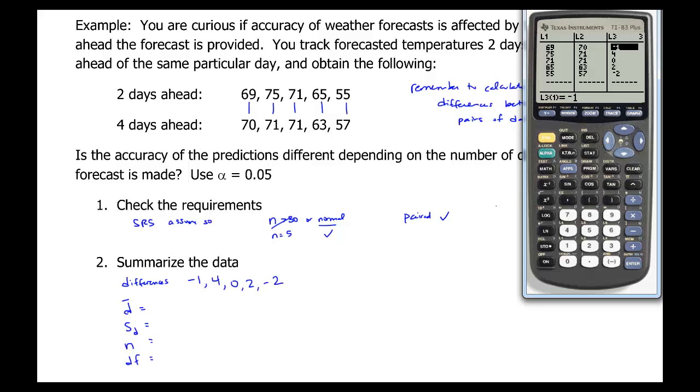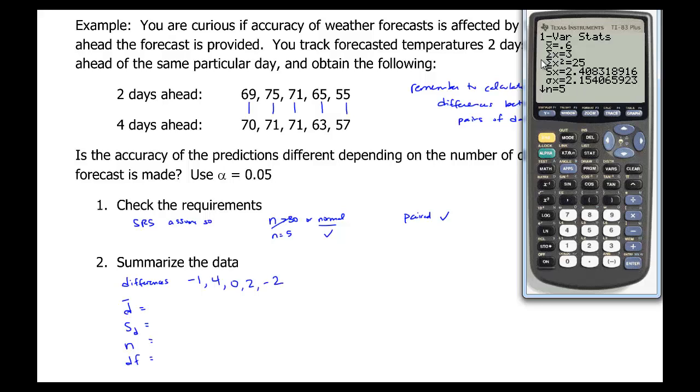So I have the differences listed down here. We can do one variable stats on the list of differences to calculate the mean of the differences and the standard deviation of the differences. So under your stat menu, if you go to calculate, we're going to use one variable stats. And we need to tell the calculator to use list 3 because that's where the differences are.